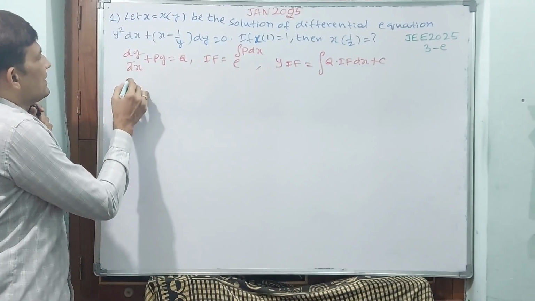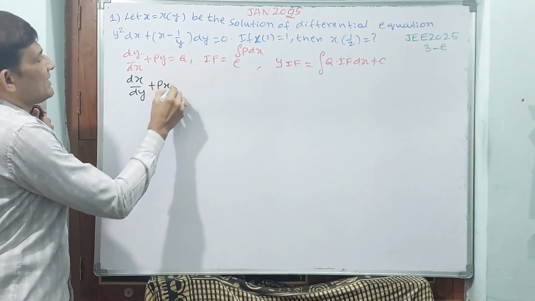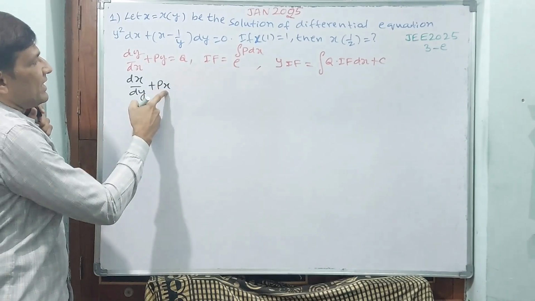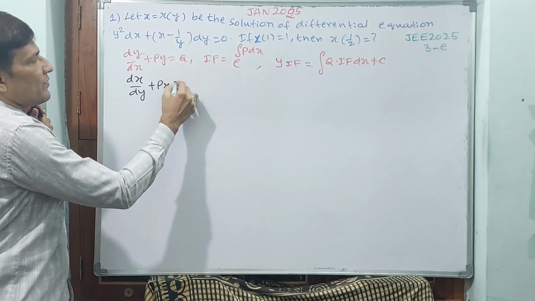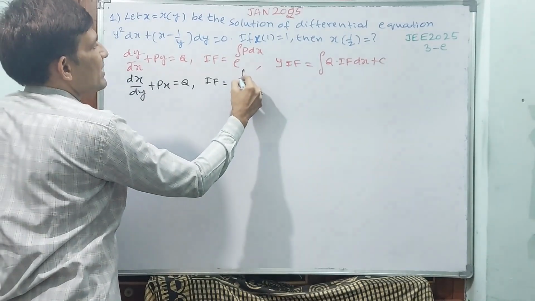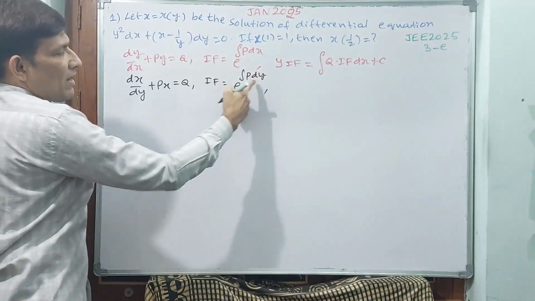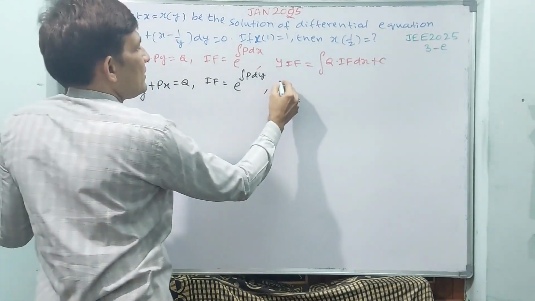We also can do it like this. You reverse it: dx by dy plus px equals q, where p and q are in terms of y. The integral factor is equal to e power integral p dy. Earlier x, now y. Completely we are changing.